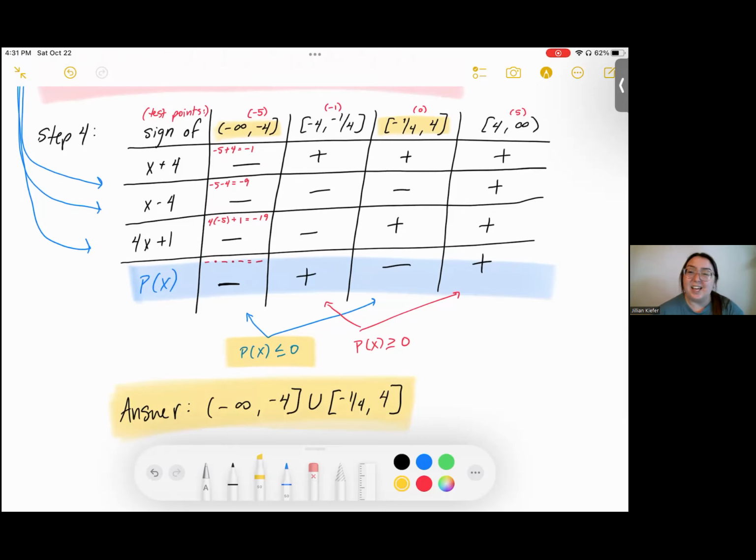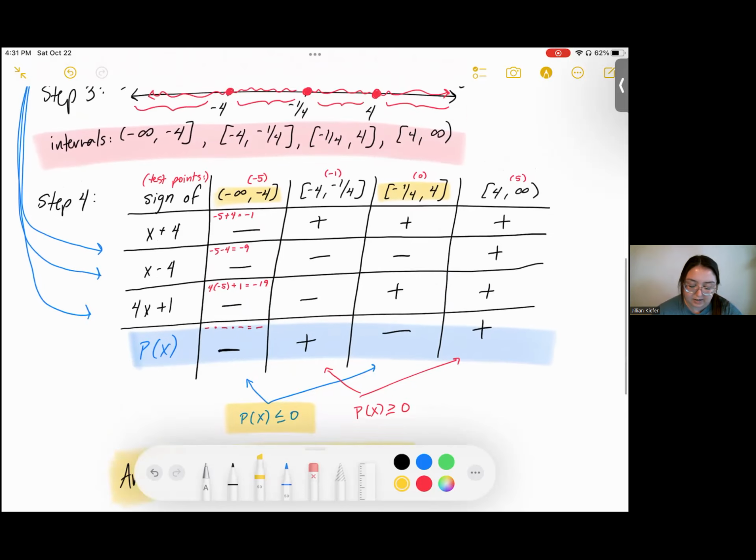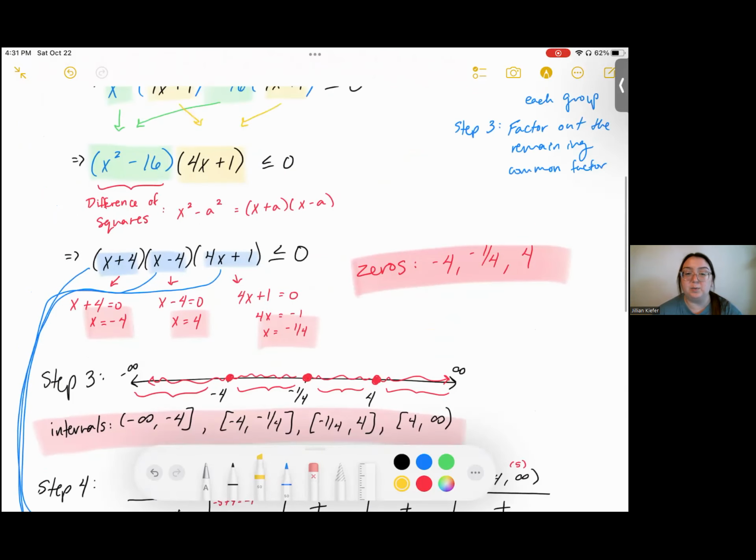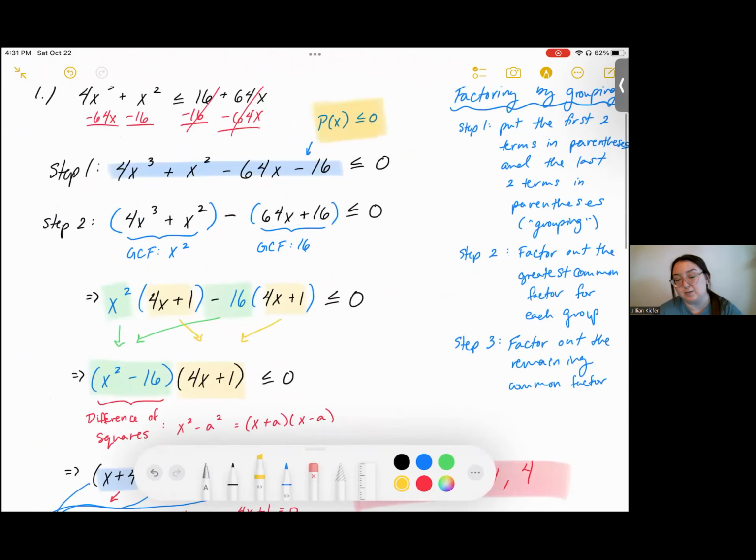Then in that last step, we just want to check and make sure that our endpoints are right, basically checking that we have parentheses and brackets in the right places. So we remember we said that we wanted P of X less than or equal to 0, so we can include the values of the zeros, which we said were -4, -1/4, and +4.